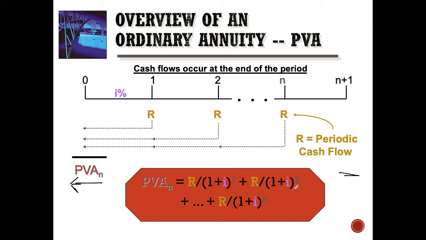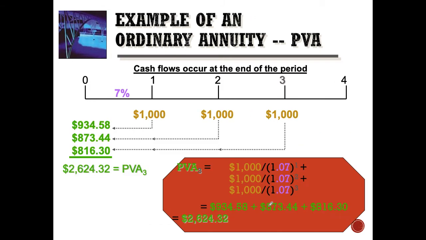Present value annuity equals R per 1 plus I to the power of 1, plus R per 1 plus I to the power of 2, until R per 1 plus I to the power of n. Okay, this is the example of an ordinary annuity or present value annuity.